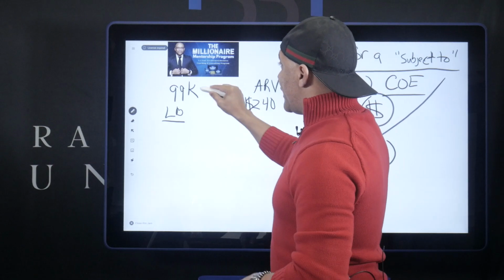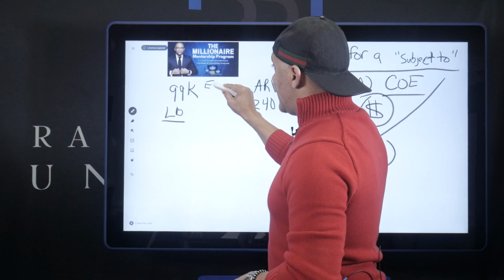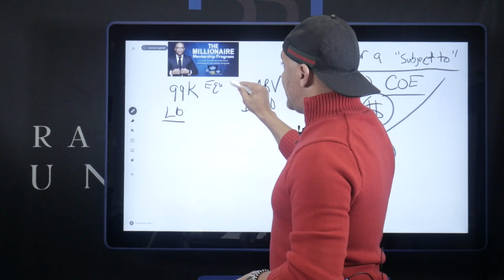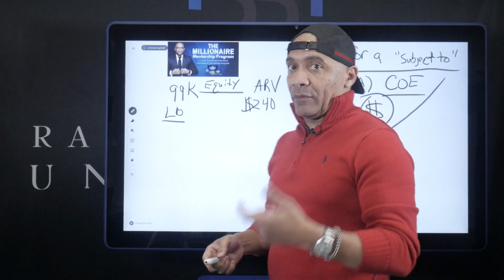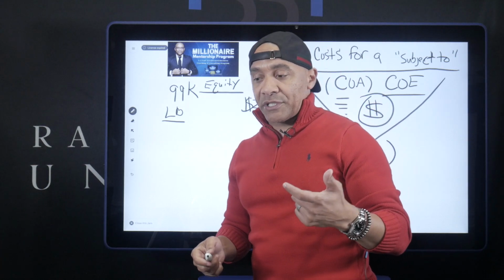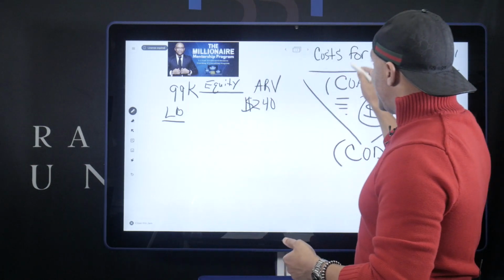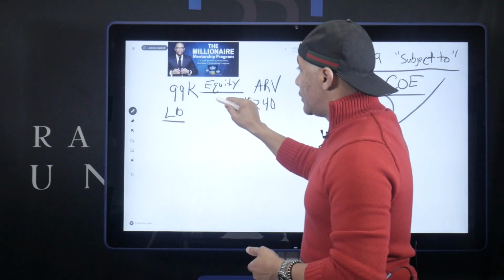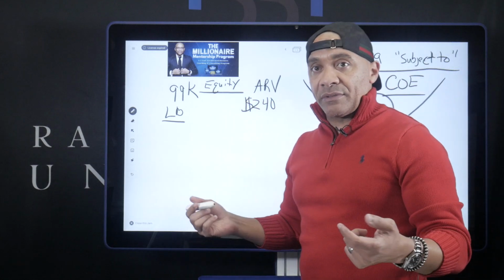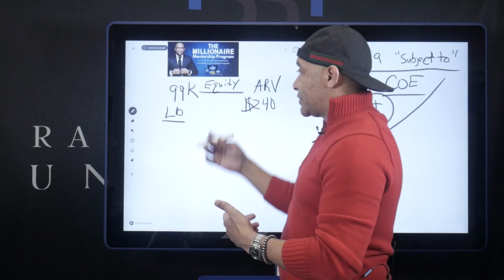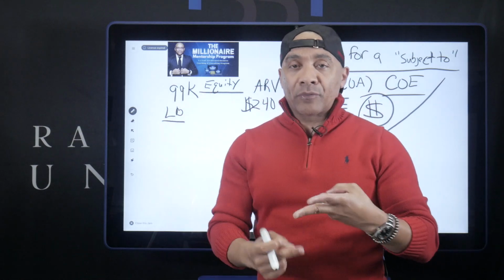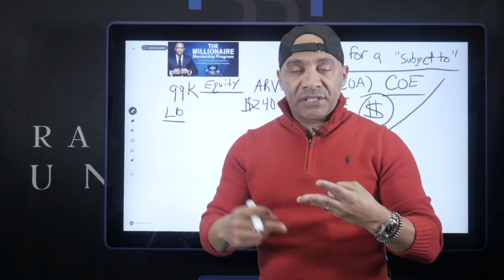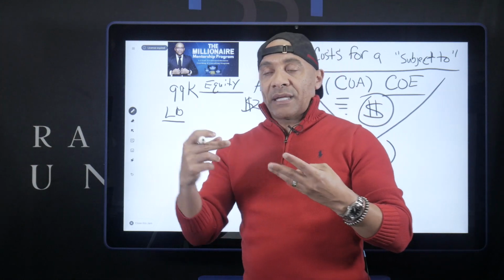So we know there was an equity spread between the loan balance and the ARV. However, I still needed to determine what my total cost of acquisition was going to be, like how much it was going to cost. So I had to go through cash to seller, renovations, commissions, assignments, carrying costs.